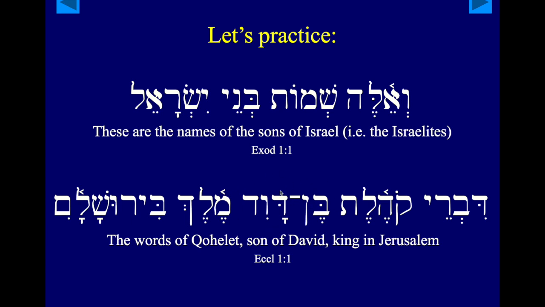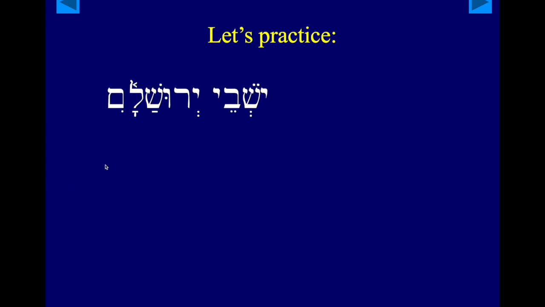I'm going to say the son of David because David's definite. And I would say the words of Kohelet because Kohelet's a name. The words of Kohelet, the son of David, Melech B'Yerushalayim, king in, this is be like in, and then Yerushalayim is Jerusalem, in Jerusalem.